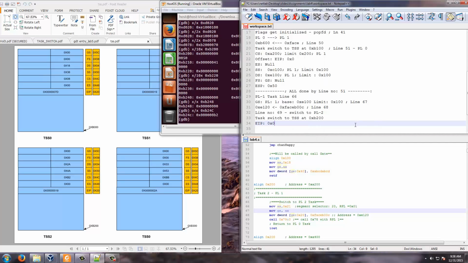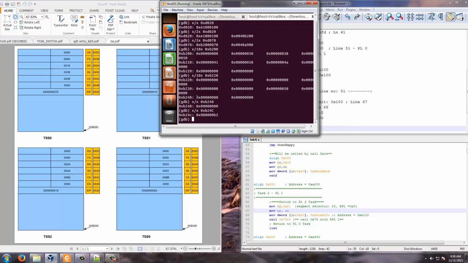Sorry, B24C is the code segment B2. So the CS goes to segment descriptor 0xB2.